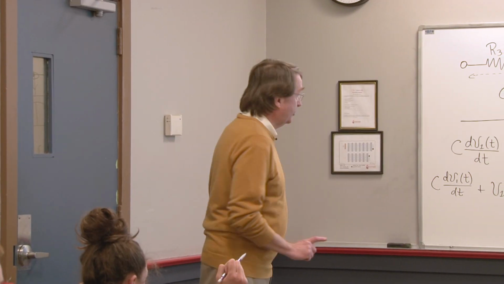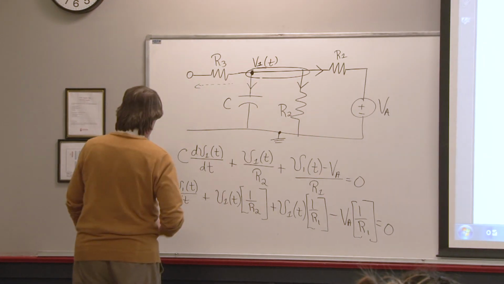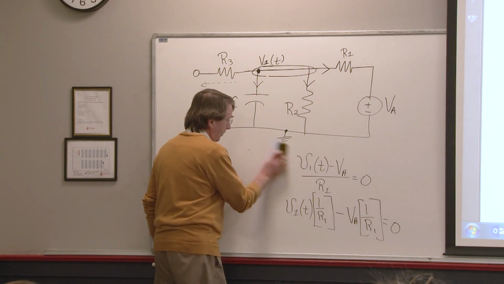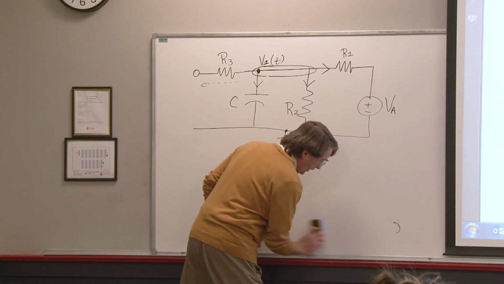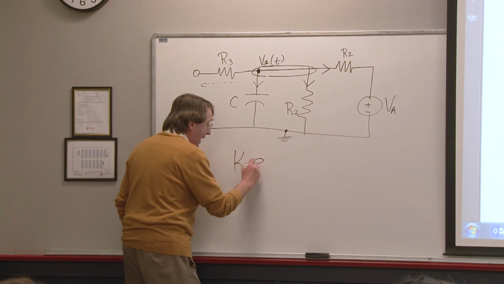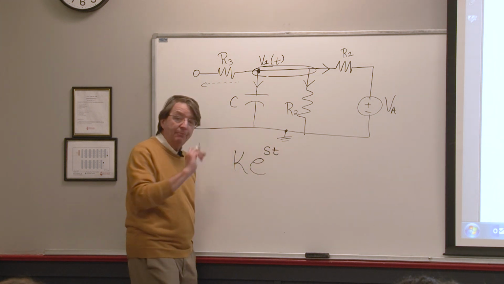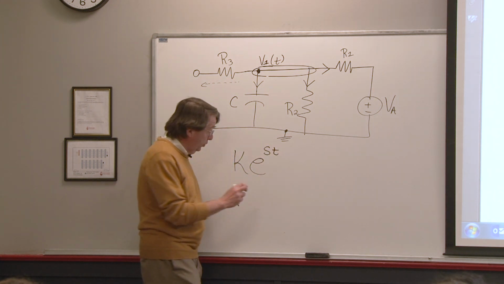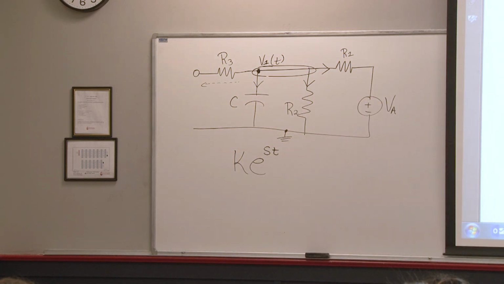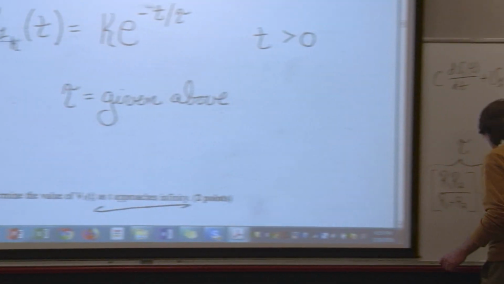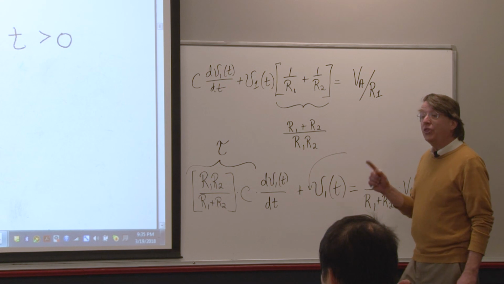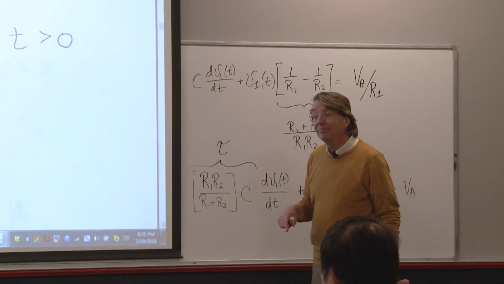Right, excellent question. So the question is, you got the Ke to the st. So you know that the homogeneous solution is Ke to the st. Absolutely. Now, what you do is you take Ke to the st and you walk over to this side of the board and you substitute it into this equation, setting it equal to 0. And you will then solve for s. Okay?